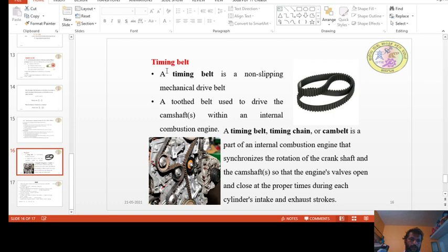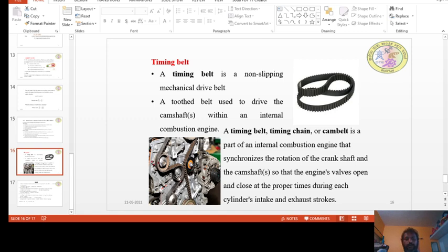Coming to the other type of belt, that is the timing belt. We know that gear drives are better than belt drives, but because of some constraints we cannot use gear drives. For example, look at the picture of an IC engine. Here we have various pulleys.